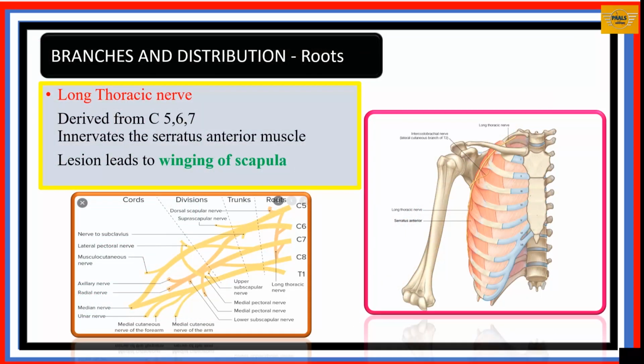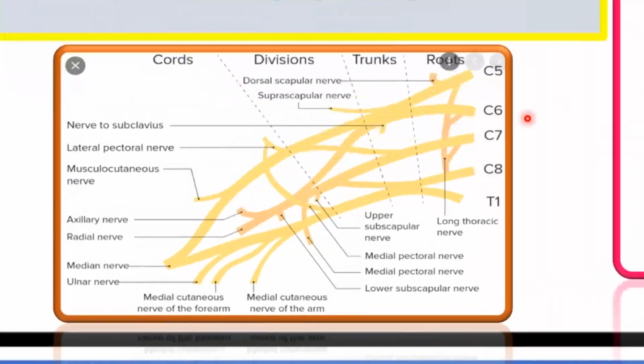We're going to start our discussion on the supraclavicular branches by considering the long thoracic nerve. We will look at the distribution. Now, as we noted, it has roots from C5, C6, and C7, as you can also see in this illustration.